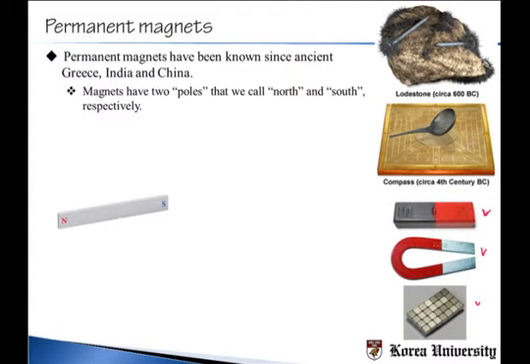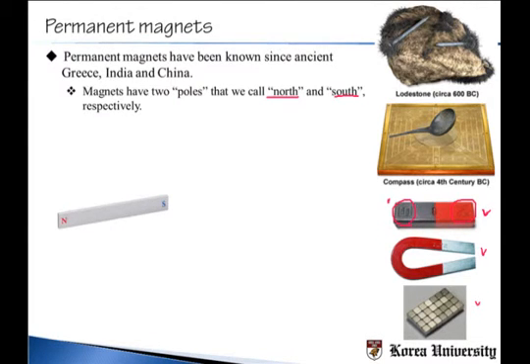Okay, and let's review the basic facts about magnets that you probably already know. Everybody already knows, I assume, that magnets have two poles, and we call them North Pole and South Pole. Okay, so take a look at the figure here. On the bar magnet, the letters are written with N meaning North Pole and S meaning South Pole.